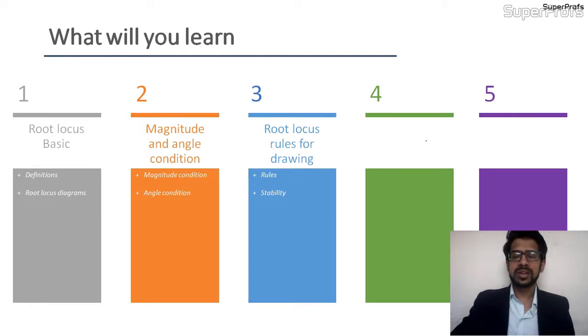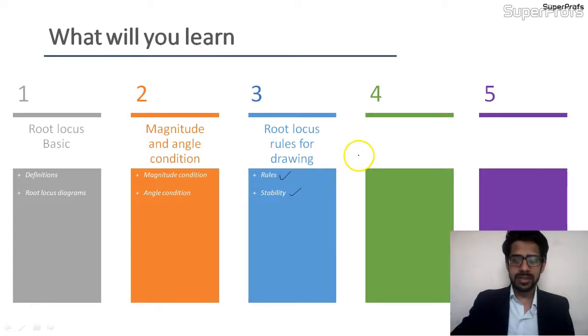So, in an exam, if you have a question regarding root locus, you'll be able to draw a quick root locus and see the system in a detailed manner. For that, we have root locus rules for drawing the locus. In that particular session, we will see the rules and also see how stability is associated with this particular technique.